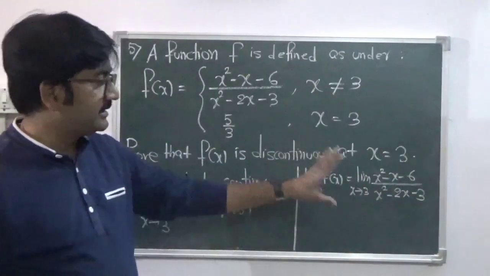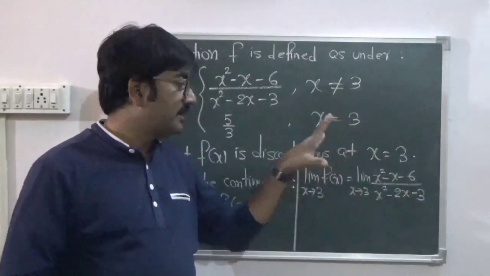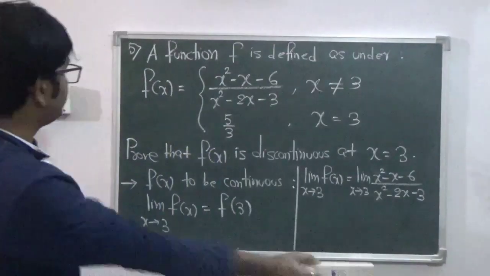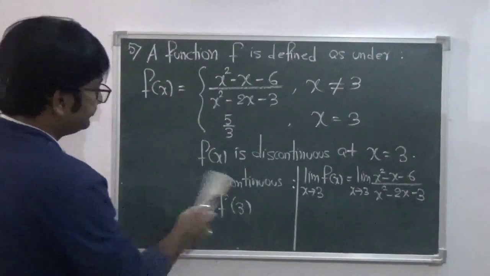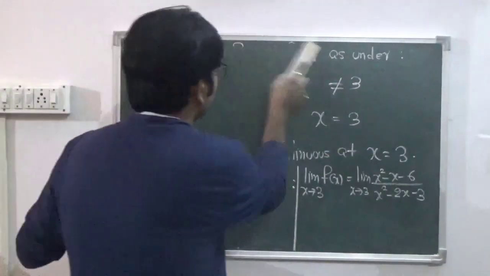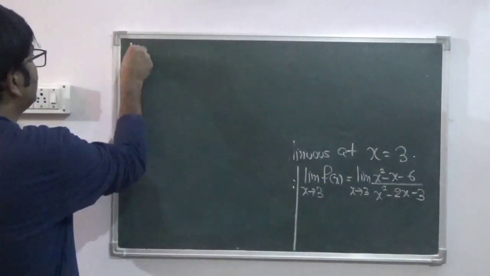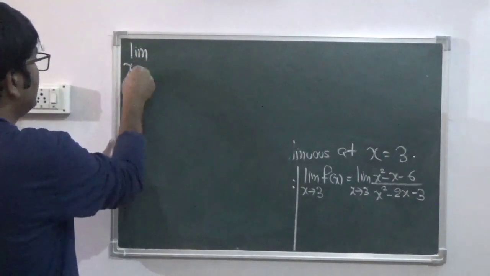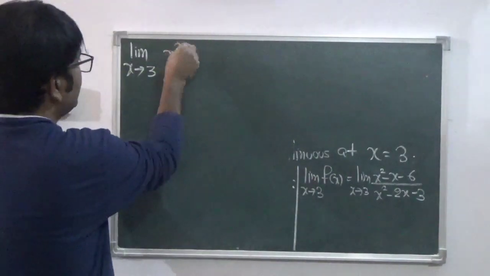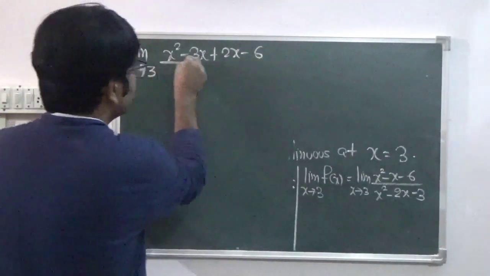So to proceed, let us first factorize the numerator and the denominator to get rid of this indeterminate form, that is 0 by 0 form. So we have limit x tends to 3. If you factorize, the numerator is x square minus 3x plus 2x minus 6.